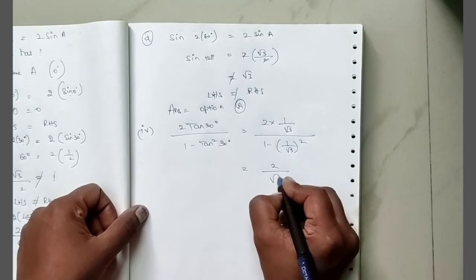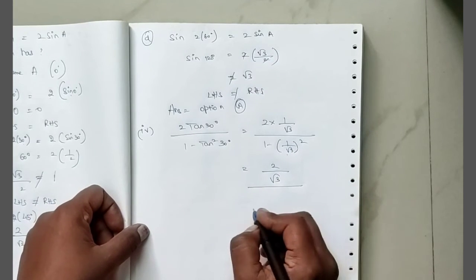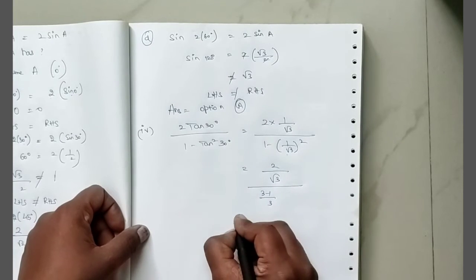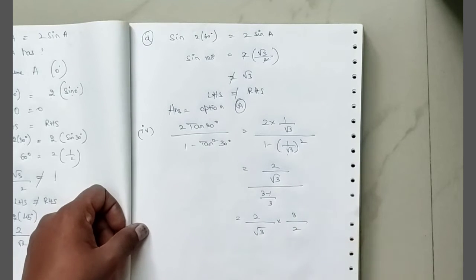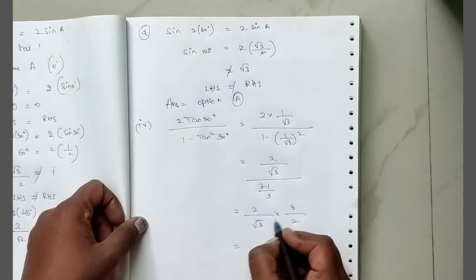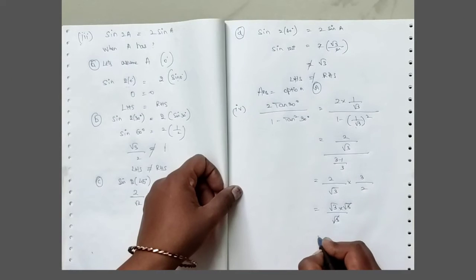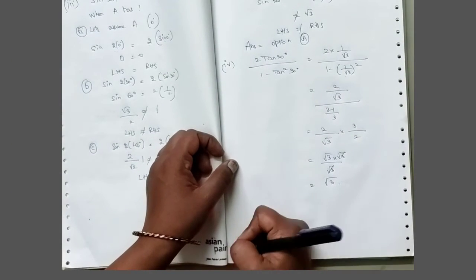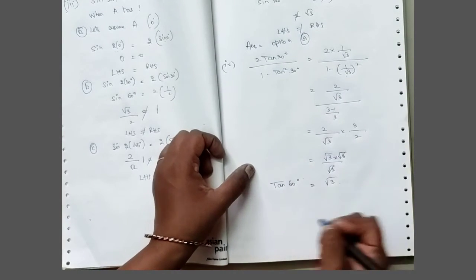So 2 by root 3 divided by 1 by root 3 into 1 by root 3, which is 1 by 3. So when we take LCM, 3 minus 1 by 3. So 2 by root 3 into 3 by 2. 2 and 2 will get cancelled. And 3 by root 3, we can make it as root 3 into root 3 gives you 3. So you can cancel and the answer is root 3, which means it is tan 60.